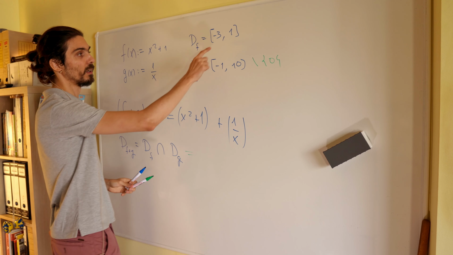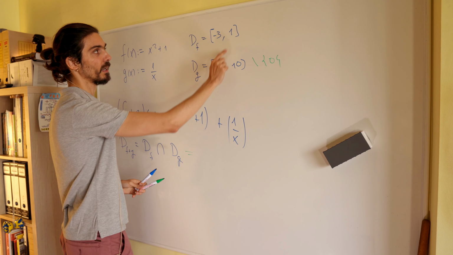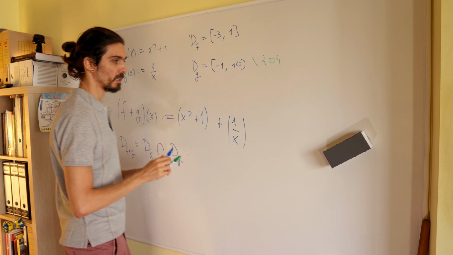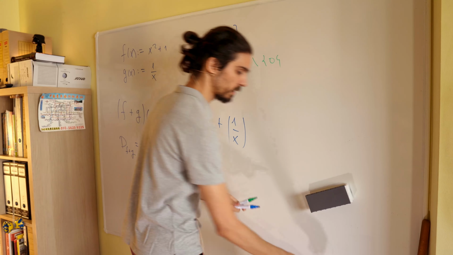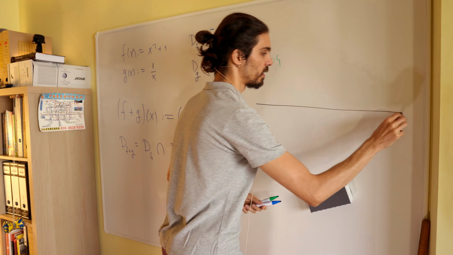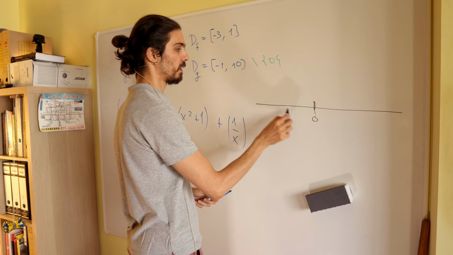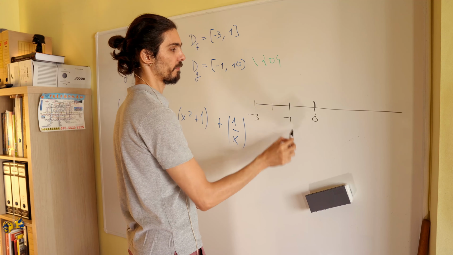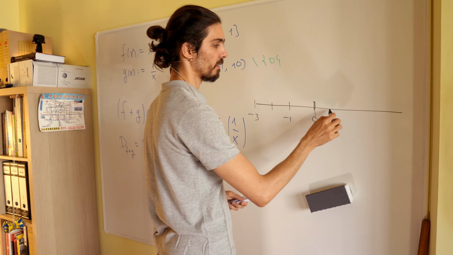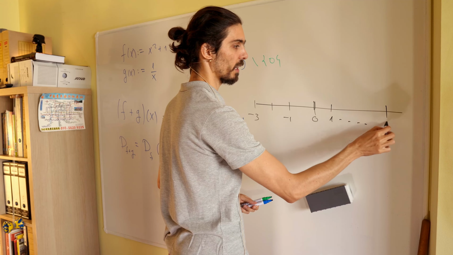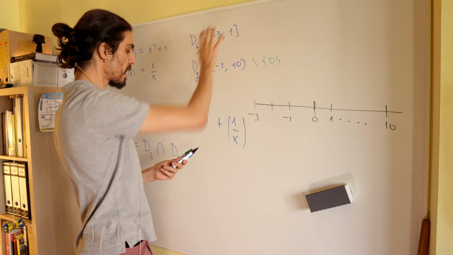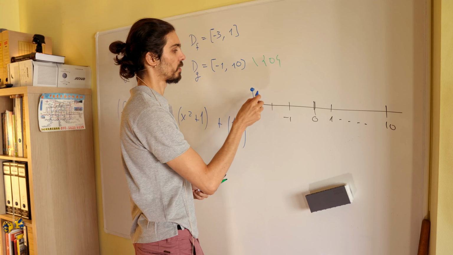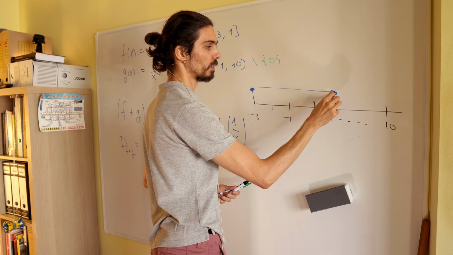what do we get? You get from -1 up to 1. If you cannot see, let me make a picture. It's probably better. See, it's a real line. Here's the 0. Here's the -1, -2, -3. Here is 1, and then you have things up to 10. Now the domain of our first function goes from -3, closed, up to 1, closed.